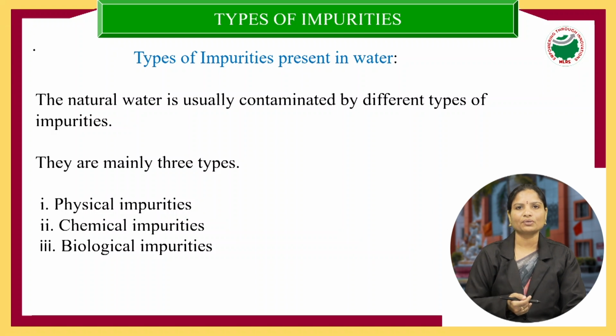Biological impurities means pathogenic bacteria, like algae, fungus and virus components, which we observe in water. So these kinds of impurities will be present in our water, and we have to eliminate and remove them in this lesson. That is water and its treatments.